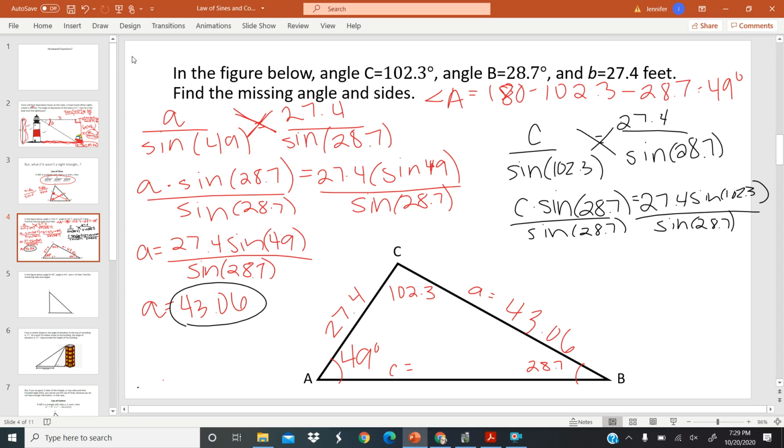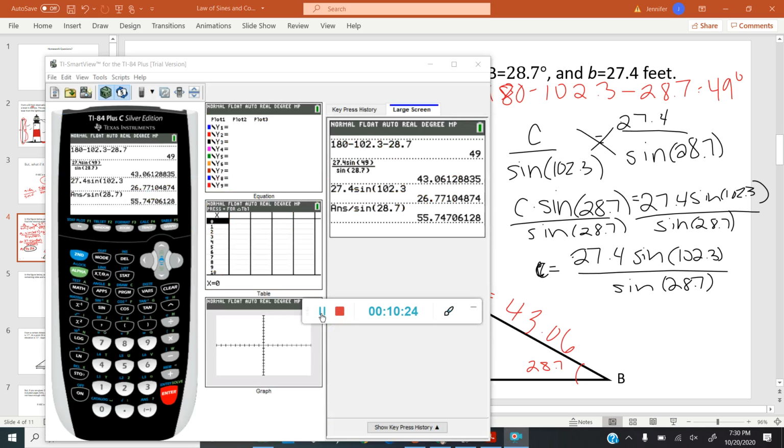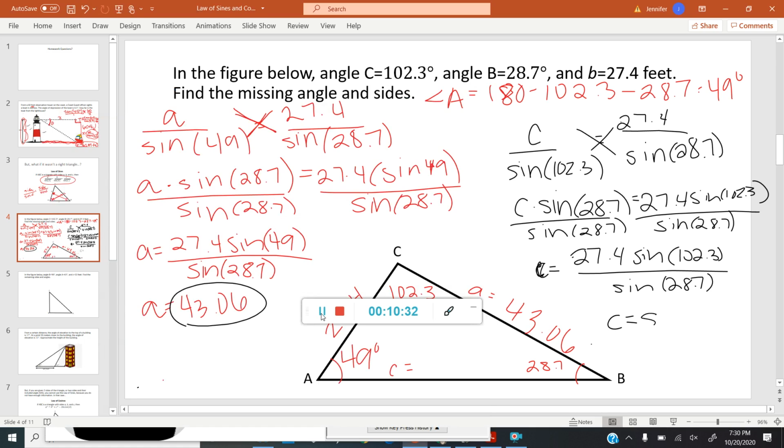What we're going to end up with is little c equals 27.4 times the sine of 102.3 divided by the sine of 28.7, and you're going to evaluate that. What you should end up with is 55.75. And that's going to give you all of your missing sides and angles on this triangle.